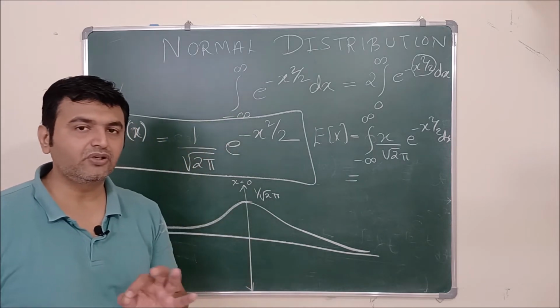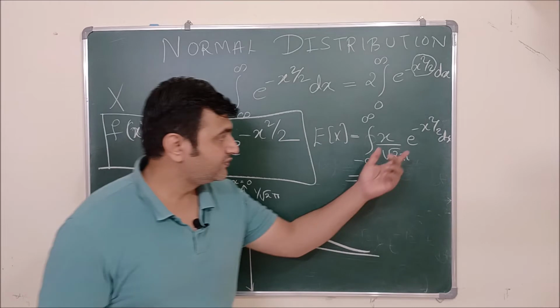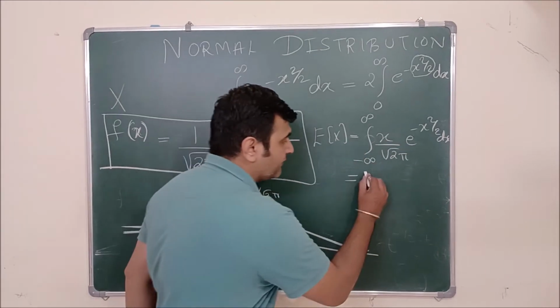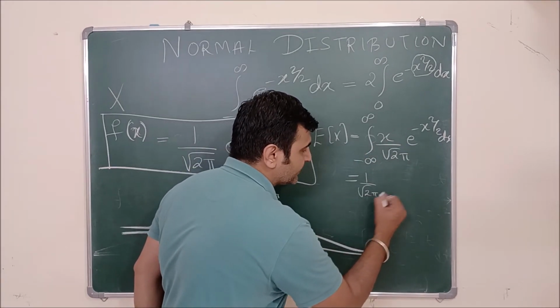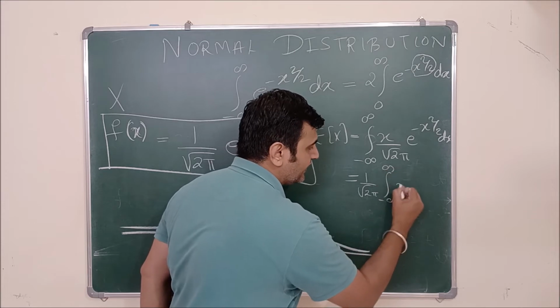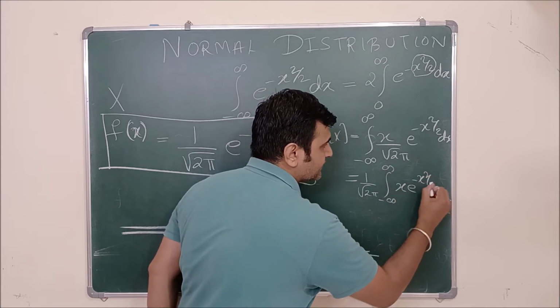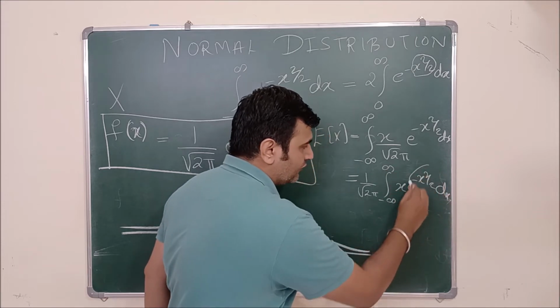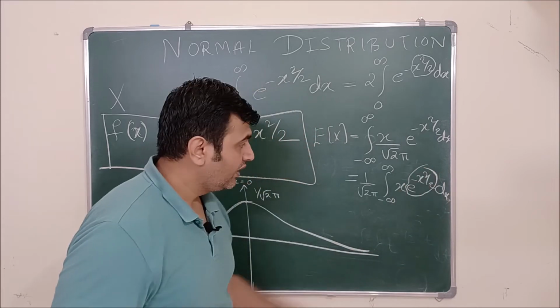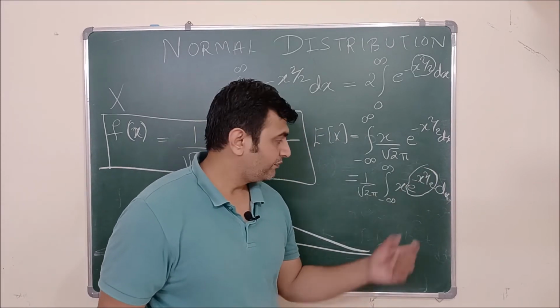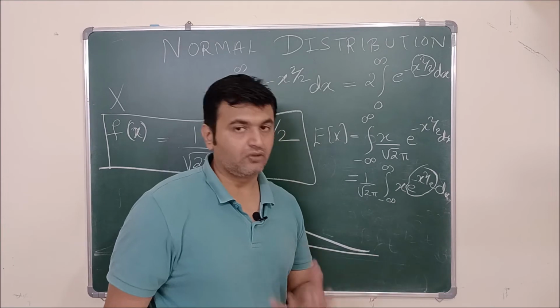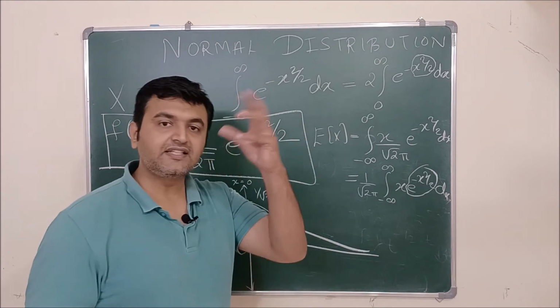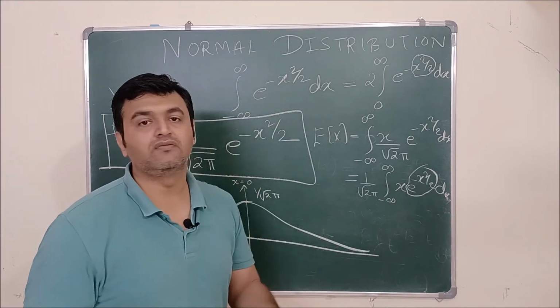But if you know a little bit of odd and even functions, you can observe this. 1 upon square root of 2 pi will come outside, integration from minus infinity to infinity of x e raised to minus x square by 2 dx. Now this is an even function, x is an odd function, the product of odd and even is always odd, and the integration from minus a to a of an odd function is always 0.